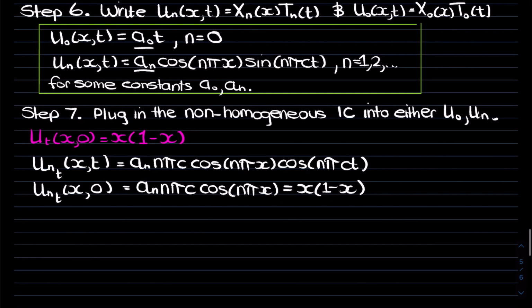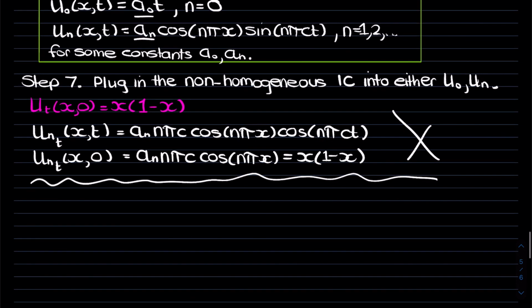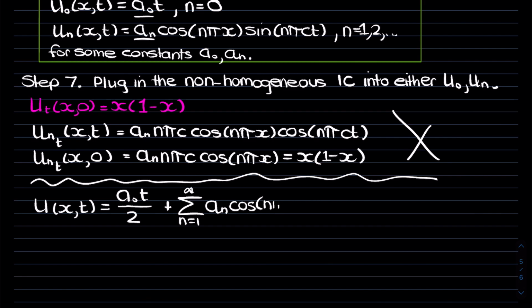So what we can do is write u of x,t as a naught t over 2 plus the sum of n equals 1 to infinity of a n cosine n pi x sine n pi c t.